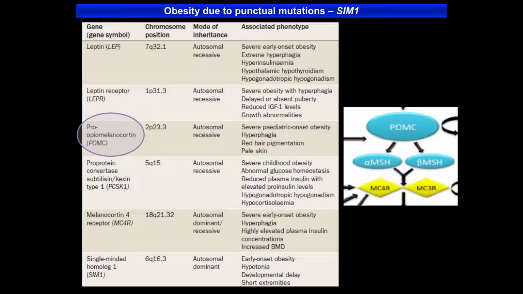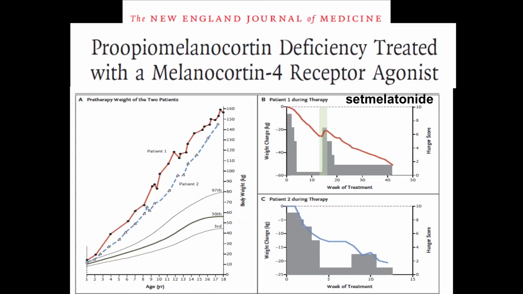But the idea was to find a drug that would directly stimulate MC4 receptor signaling, bypassing POMC. And that's exactly what our chairman did recently, when she published a month or two ago this paper in the New England Journal of Medicine, showing that an MC4 receptor agonist named setmelanotide, difficult to remember the name, was given to 2 patients who were extremely obese, as you can see here.